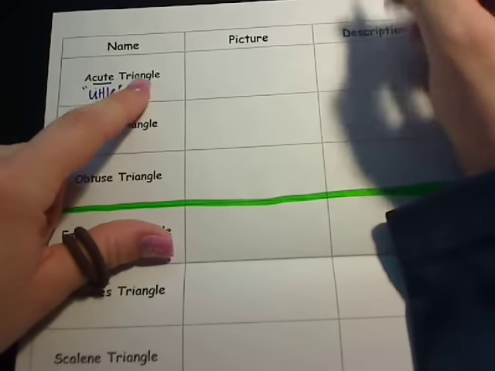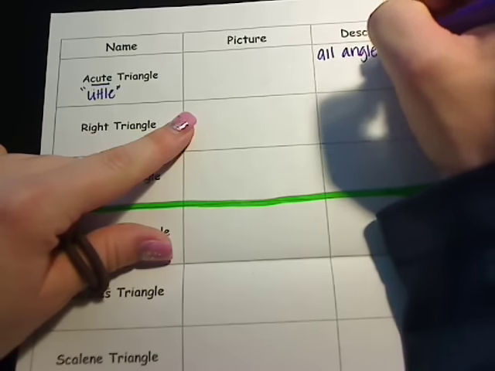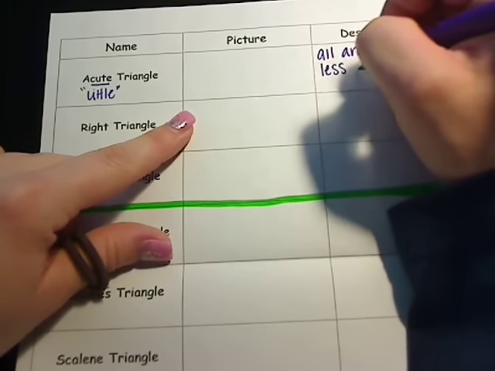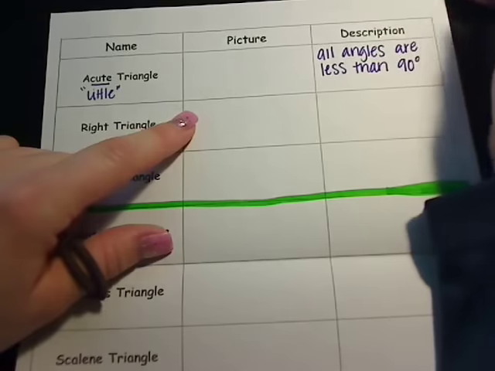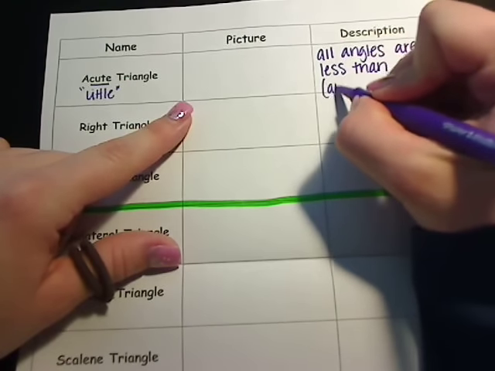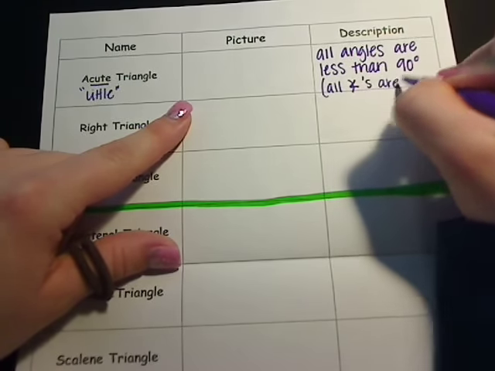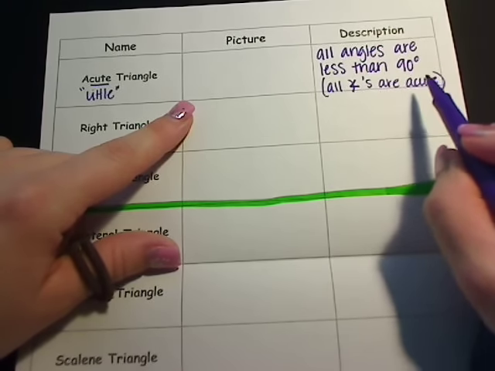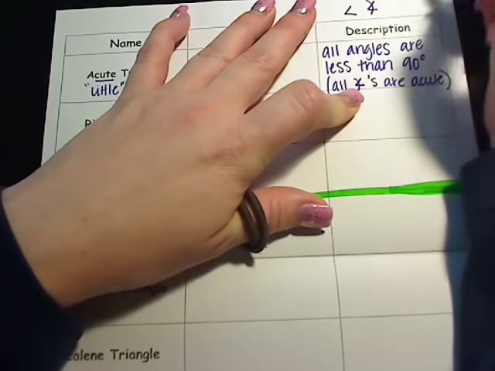A description of those is that all angles in an acute triangle are less than 90 degrees. So all the angles are acute. Remember, that's a symbol for angles. And guys, you may see this symbol like this, or you may see it like that.